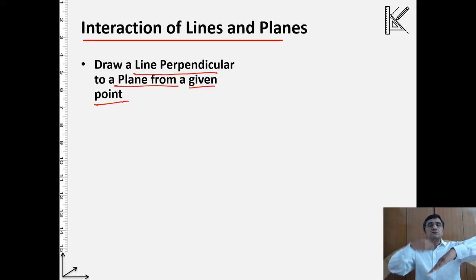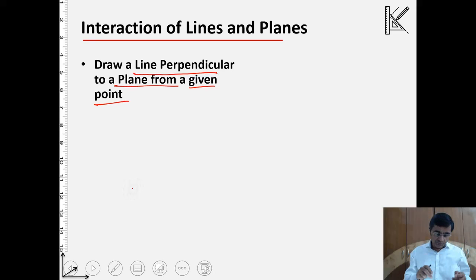Or I can frame this problem in a reverse way. Determine the foot of the perpendicular onto this plane with respect to the point from where the perpendicular is being dropped. Let me show you this entire thing.